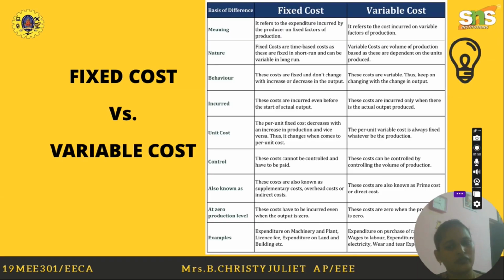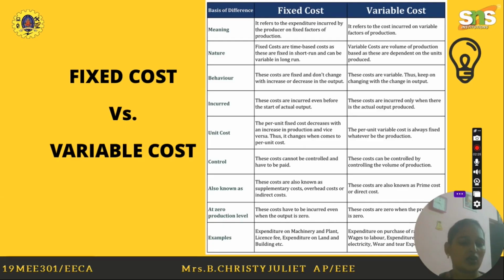Fixed cost is uncontrolled and we have to pay it because these are like the initial investments. But variable cost we can control by controlling the volume of production. Fixed costs have to be incurred even when the output is zero, but for variable cost, if the output is zero, then the cost can also be zero.